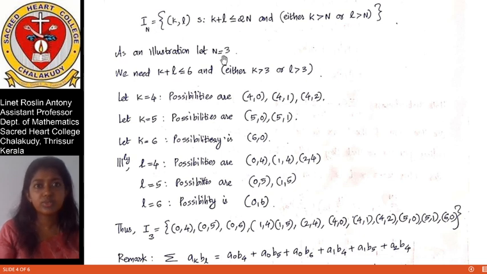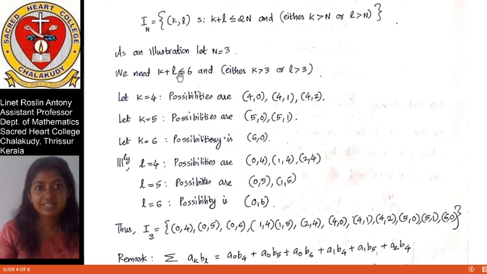Suppose N is equal to 3. For finding out what ordered pairs are sitting inside this I3, we have to check the conditions given inside the set. So when N is equal to 3, 2N is equal to 6.